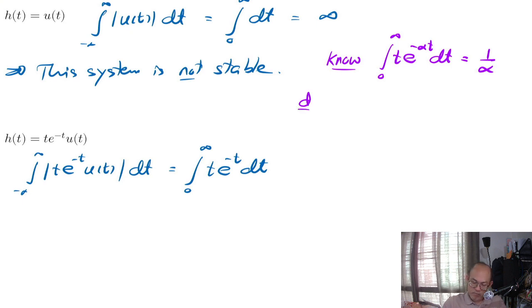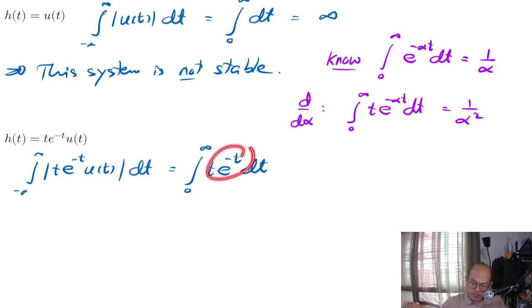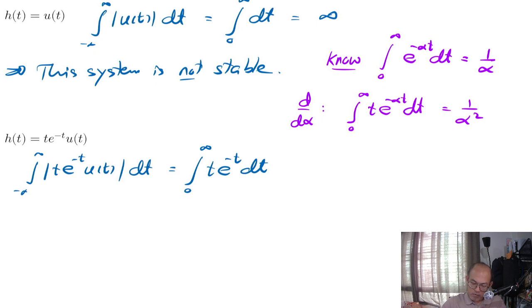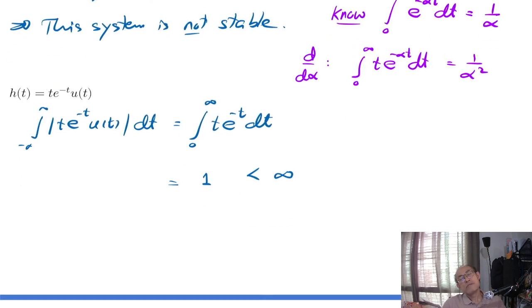So if you differentiate it with respect to alpha, the integral from 0 to infinity of t e to the minus alpha t dt will be equal to 1 over alpha squared. But in this case, alpha is 1, right? So using this result on this integral, I have equal to 1, which is obviously finite. So this system is stable.